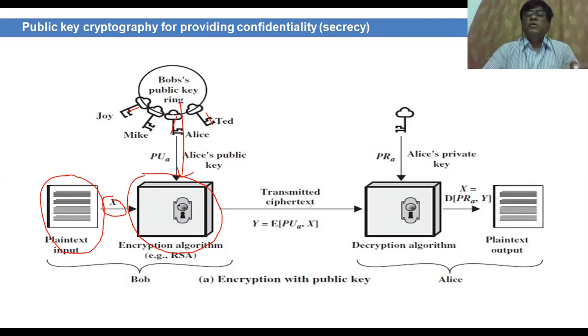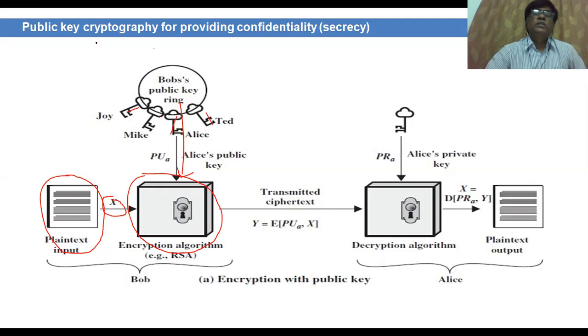Because he wants to send the message only to Alice. That's why he should use the public key of Alice for encrypting the plain text X. Now he has encrypted the plain text X using Alice's public key.